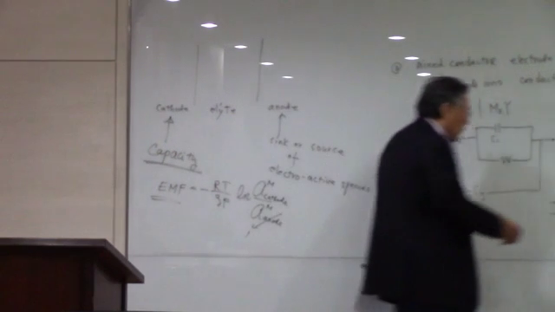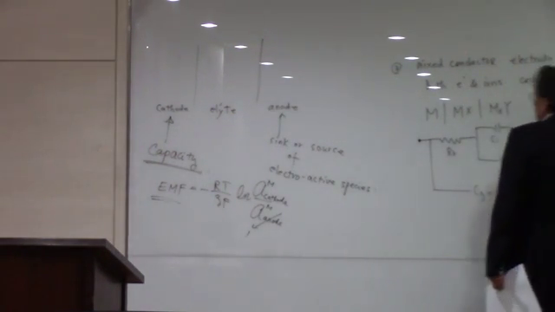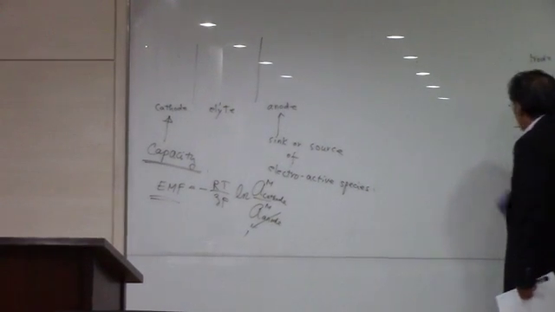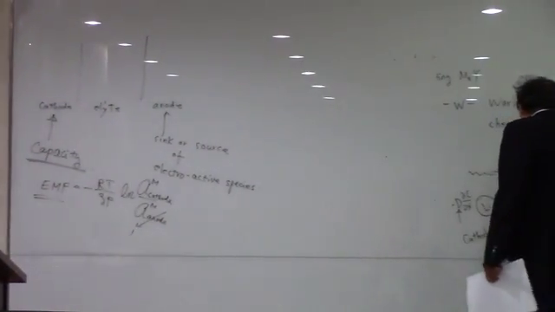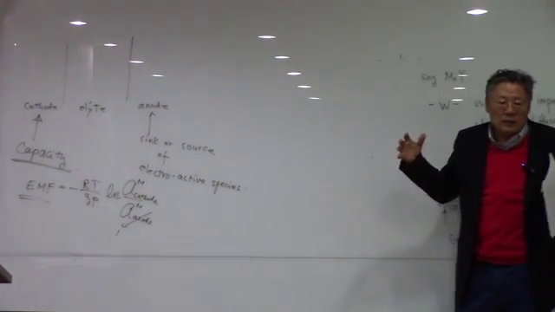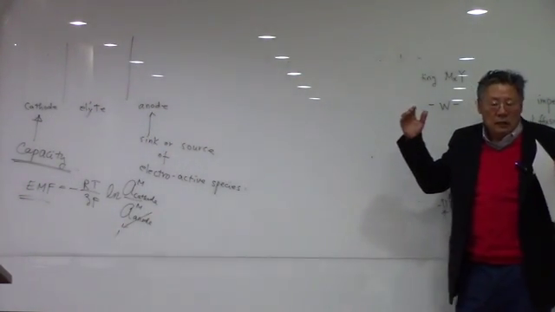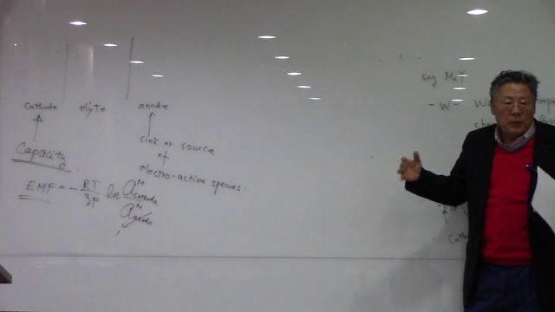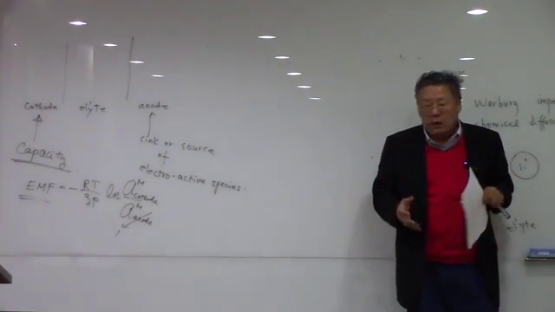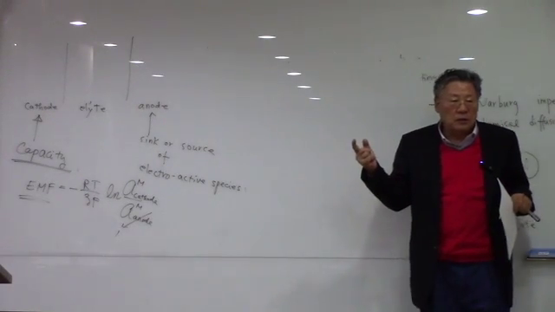So what we want to have for the cathode is to contain as much electroactive species as possible. That's how we build the cathode materials.